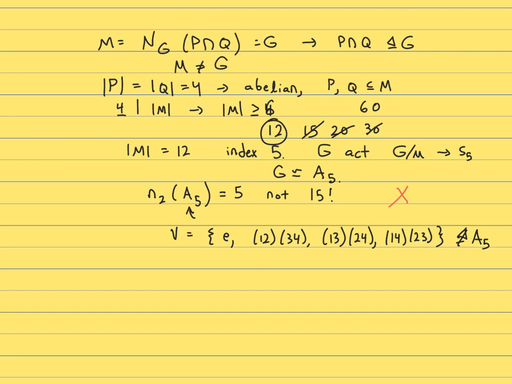Which makes sense because A5 is simple. But this gives you part of the reason why this is true. Just because this was a normal subgroup of A4, and A4 is a subgroup of A5, did not mean it's normal in A5.